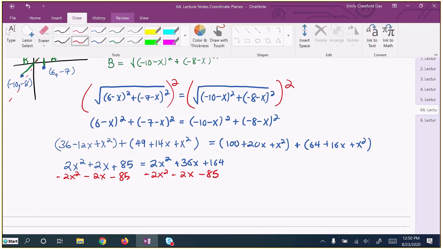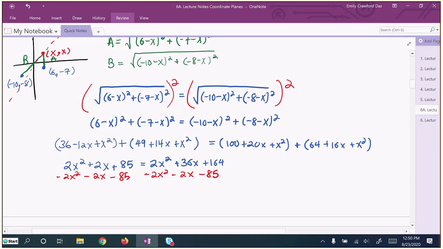What does that leave me with? Well, 2x squared minus 2x squared, on the left side, I have 0. Here, this also cancels. I have 36x minus 2x, so 34x. And then I have 164 minus 85.